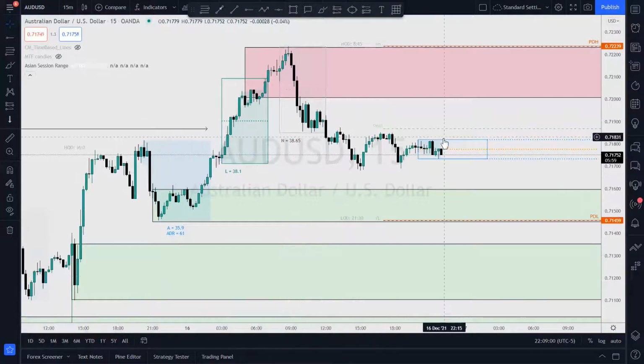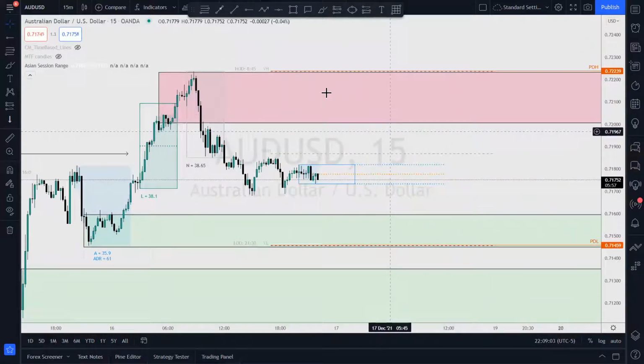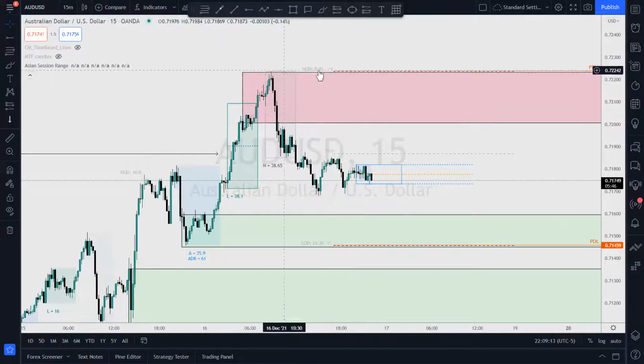Now I'm going to look for the session highs and lows. I'm definitely going to look out for the previous daily high and previous daily low, because this is where liquidity is, and price will undoubtedly head towards here. When you see it break above, it usually stays above.